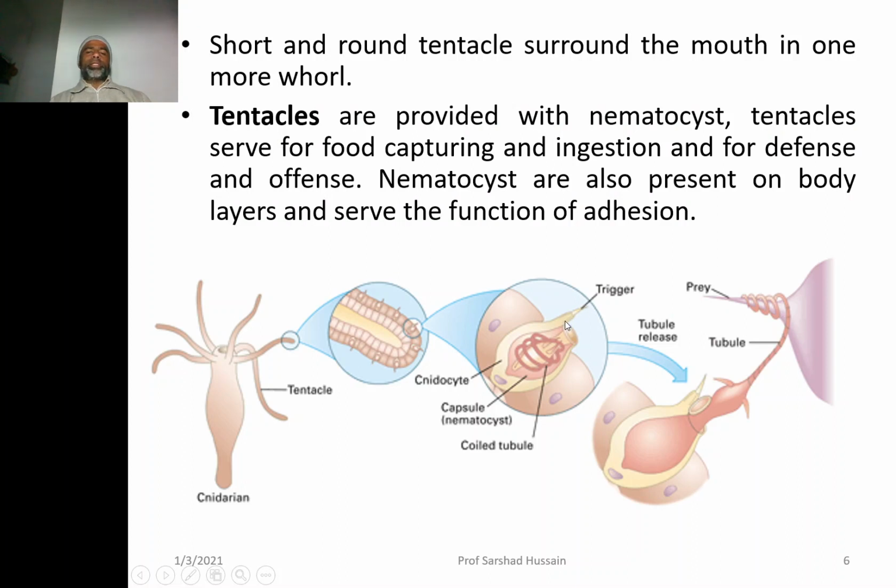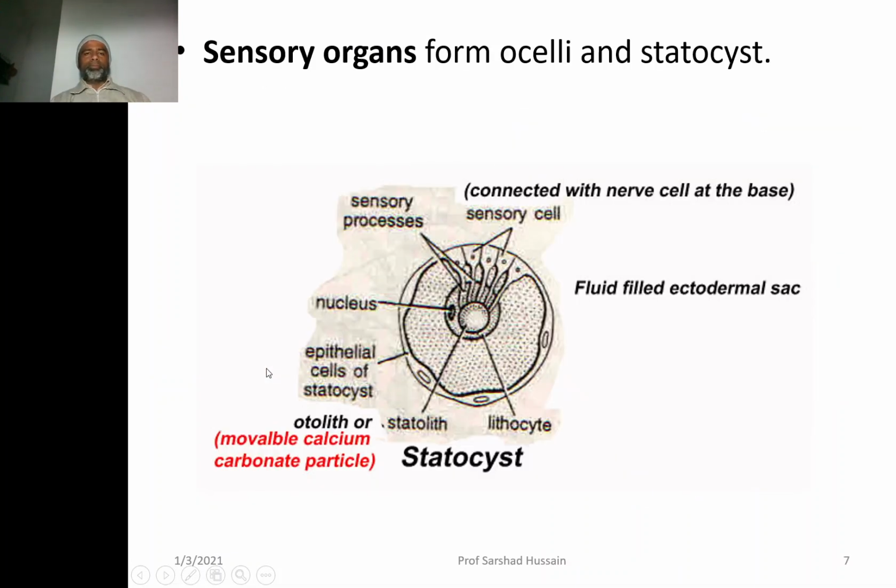When anything touches it, if this coelenterate wants to take it as prey, the trigger will receive the message and this tubule will be thrown out. It will wrap around the prey and the prey will be taken inside. So it means the nematocyst along with the tentacle are organs of offense and organs of defense. In addition to this, they also help in food capturing and putting it into the mouth.